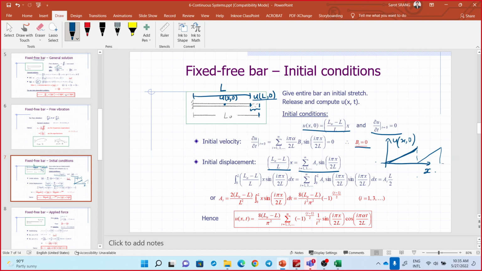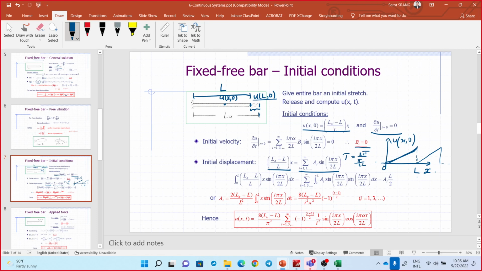Because here from 0 to L, we can assume that this function is periodic over the period. Should I say period? L or 2L? Sorry, look at this one. If I want to find the period, it is 2 pi over pi over 2L.